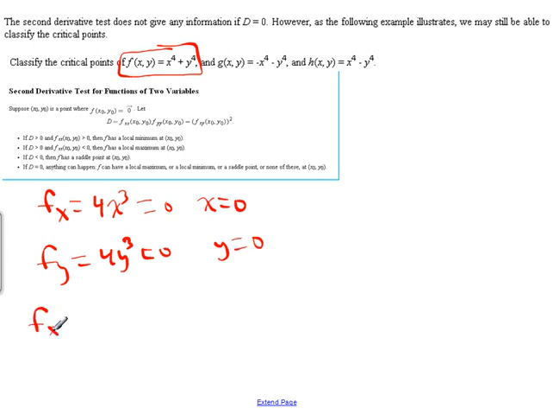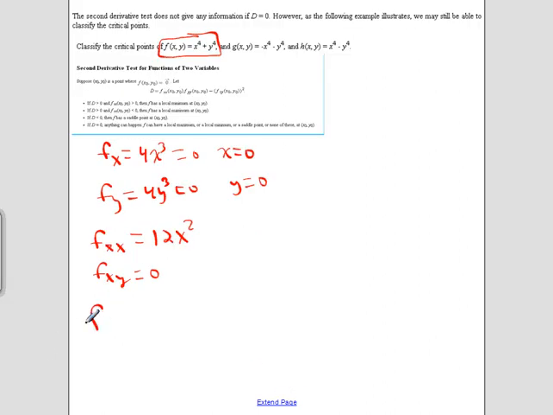And we know that f partial xx is 12x squared. F partial x partial y is 0. And f partial yy equals 12y squared. And this equals 0 when x equals, oh, sorry, just leave it like that.